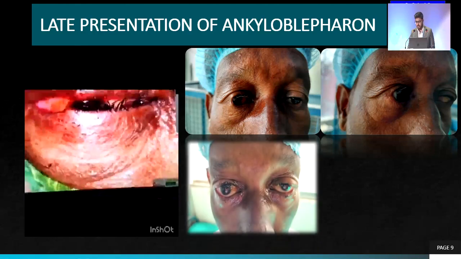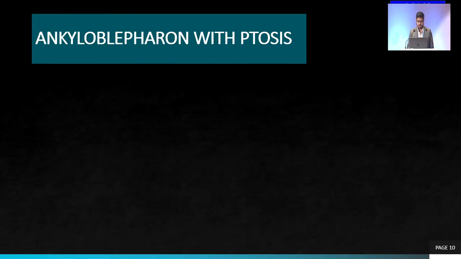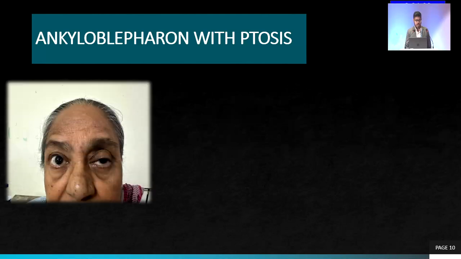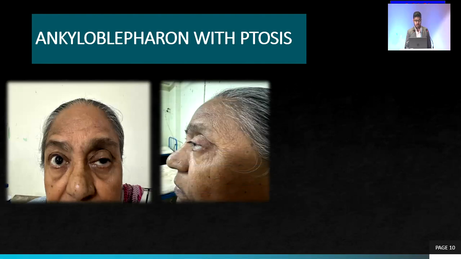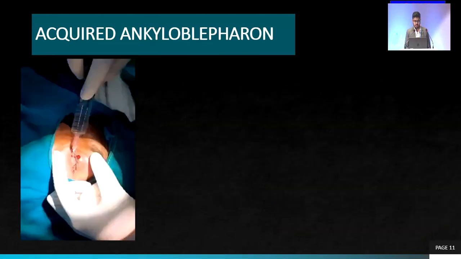The post-operative pictures showed resolution of the bands. The third one is that of a 60-year-old lady with lateral ankylobleph associated with ptosis. These are our pre-operative pictures. A surgery was done where the ankylobleph was cut and post-operative relief of symptoms was seen.